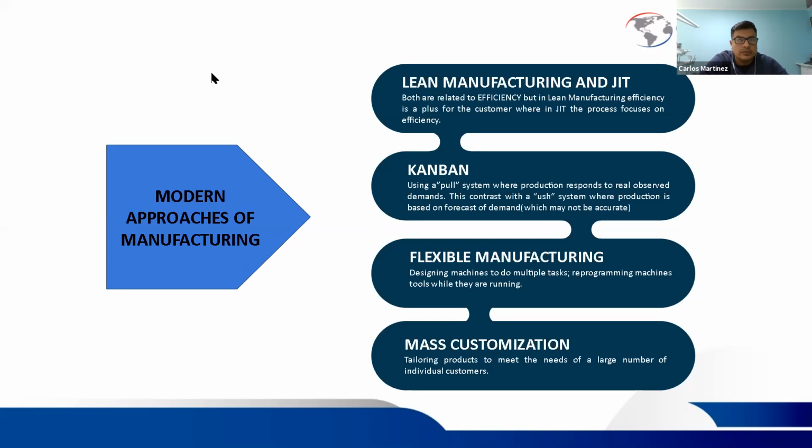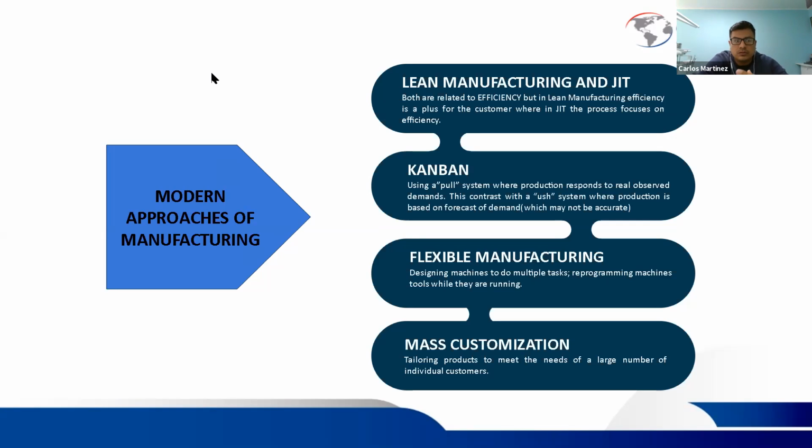Okay, so far, remember, these are what we said, modern approaches of manufacturing. Okay, lean manufacturing and JIT, we want to be quick, right? Kanban, where your products respond to real evaluations. Products are modified on the spot, and they don't adjust to predictions, but to real observations.